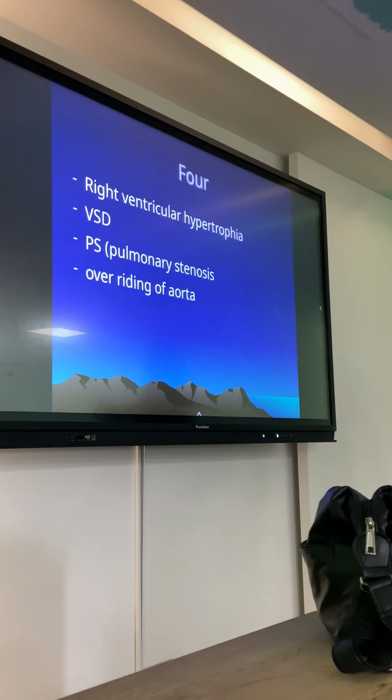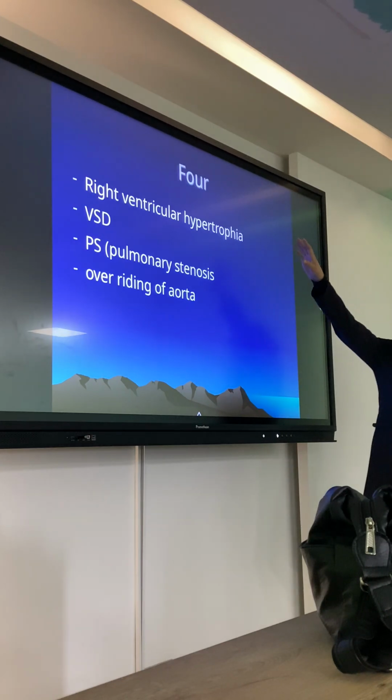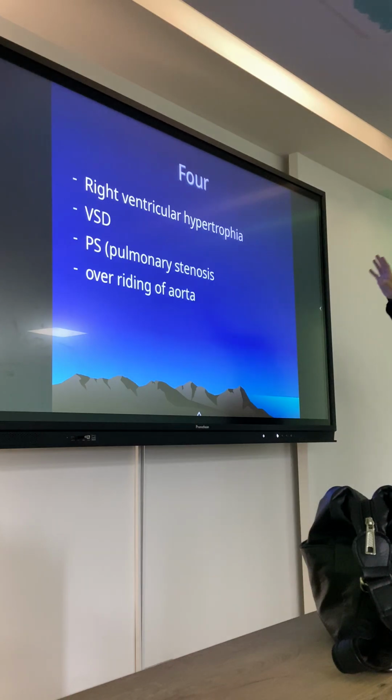Why? Because your activity increased and you need more blood flow from the lung, but you have a stenosis in the pulmonary artery. You have decreased oxygenation. Because of it, you have a tet spell attack. Tet spell means cyanosis in lips and fingers more than normal. Okay, do you find VSD, ASD, and overriding of aorta?